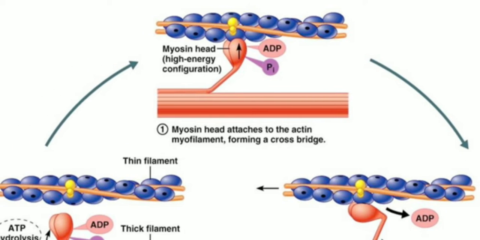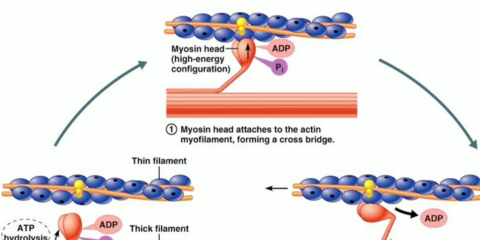First step, what does the first step say? You can check out the red molecule shown over here is the myosin head, which has high energy configuration. This head has ATP and the ATPase enzyme, which becomes active by breaking down this ATP molecule, which results in the formation of ADP and inorganic phosphate.